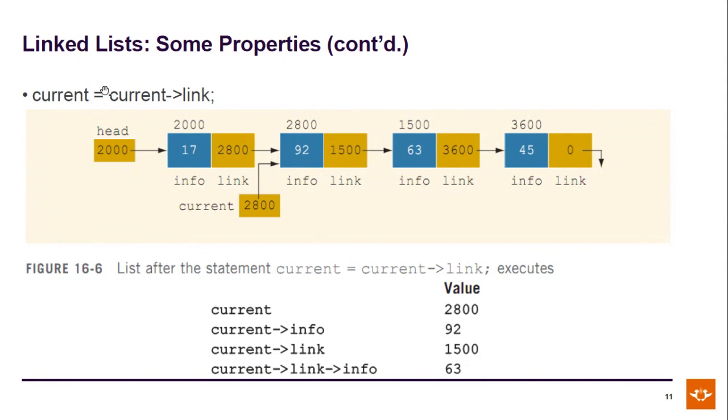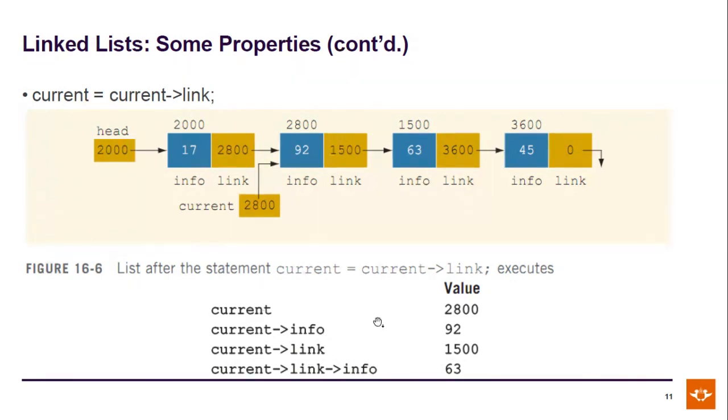If I keep doing this, let's say in a loop, while true, current is current link, this is just going to keep going forward. Or if I say while current is not null pointer, current is current link, then current is going to keep moving until current points to memory address 0, and then my loop will terminate. So this is how you can traverse a linked list.